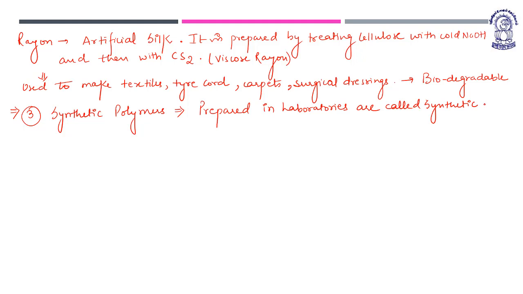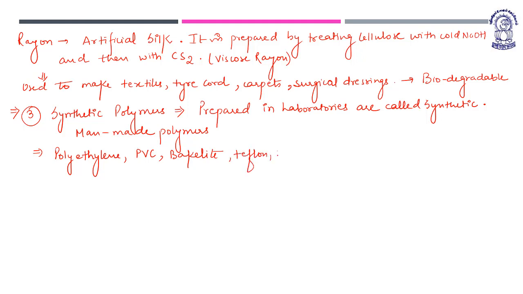They are completely man-made. No monomer or polymer which is taken from a biological resource or natural source is part of synthetic polymers. Examples are polyethylene, polyvinyl chloride, bakelite, Teflon, nylon, etc.